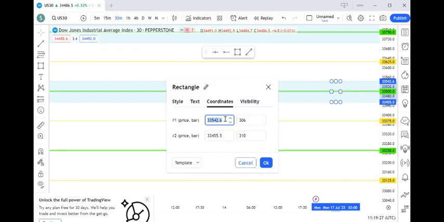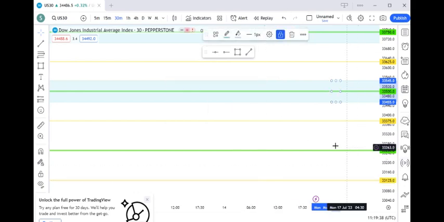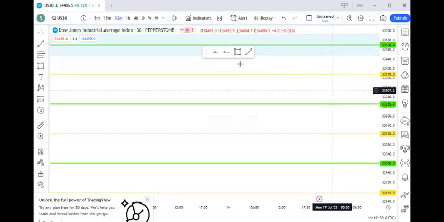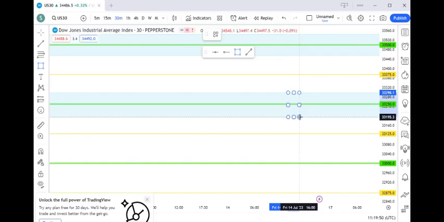Settings, coordinates. Okay, set, we lock. Next one. Yeah, we're going to 95. Here we're going to be at 05.